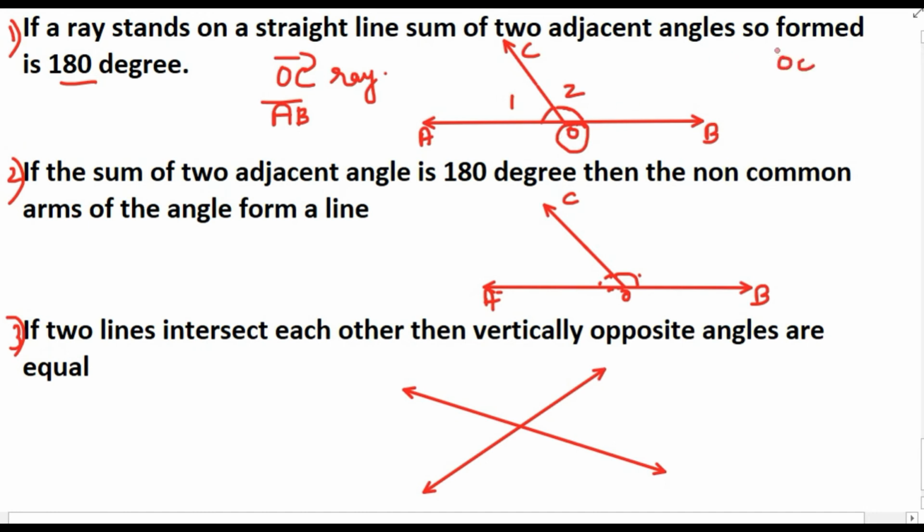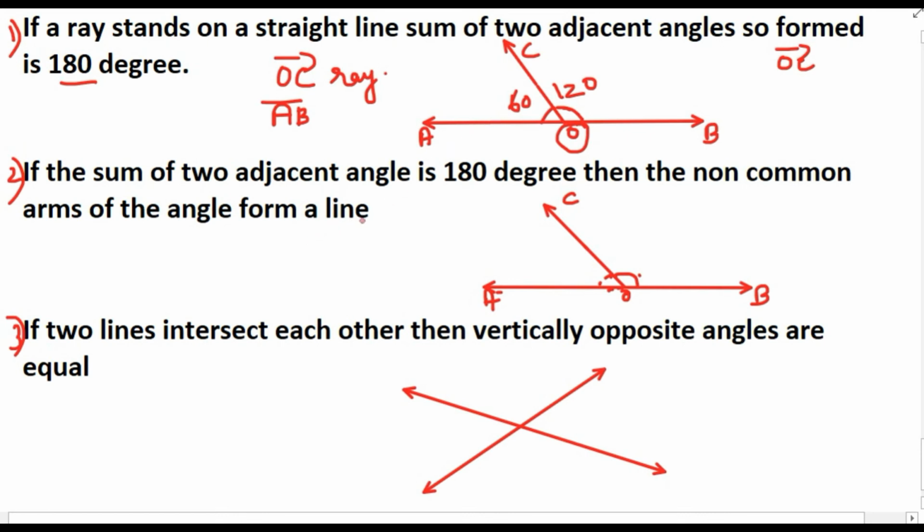OC is the common arm or common ray, so they are adjacent angles. And if a ray stands on a straight line, the sum of two adjacent angles, for example this is 60 and this is 120 degrees, 60 plus 120 is 180 degrees. So this result is very important. If a ray stands on a straight line, the sum of two adjacent angles formed is 180 degrees.